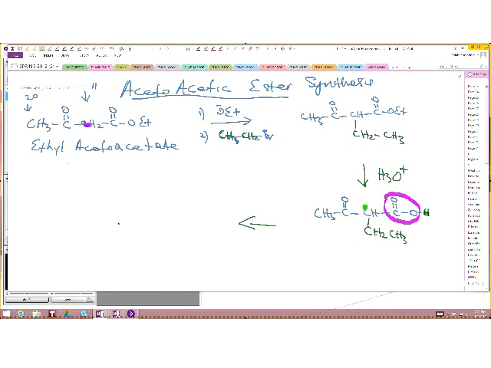We get this. That hydrogen is there now, and then this is here. This is there.